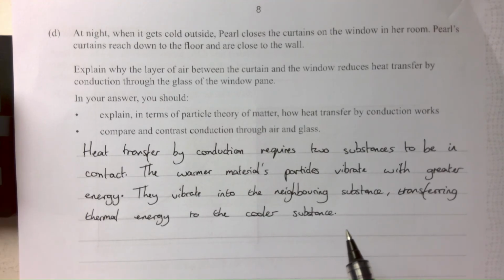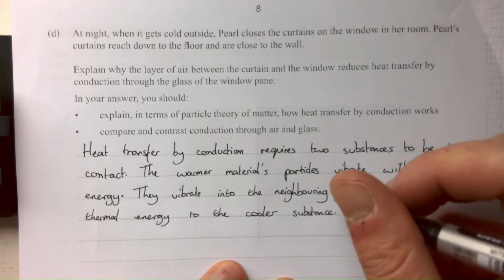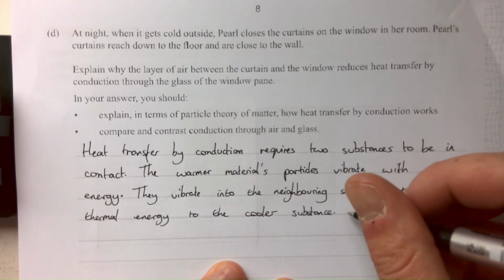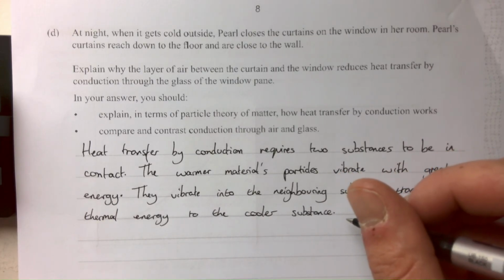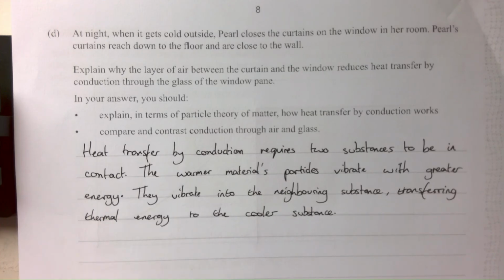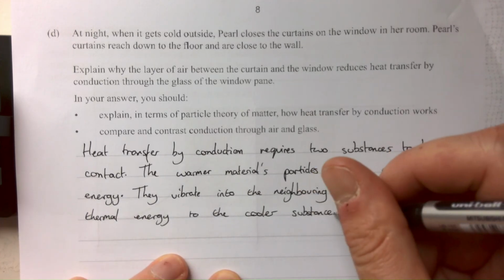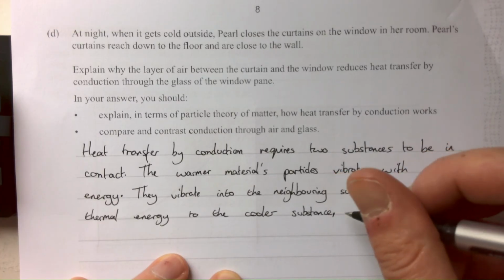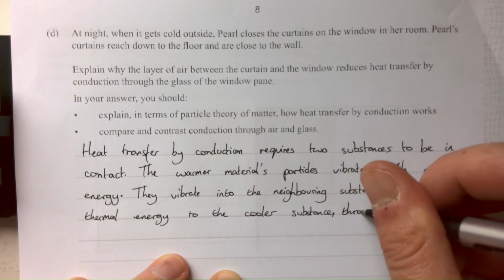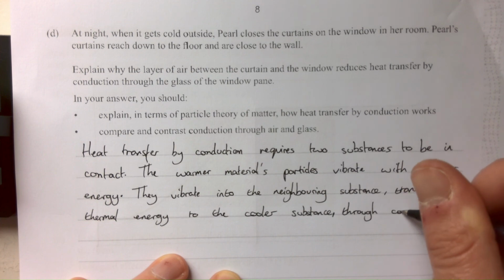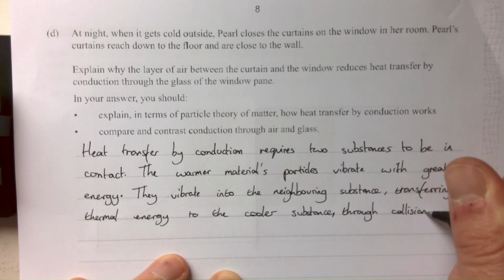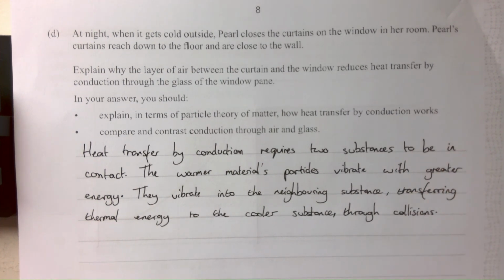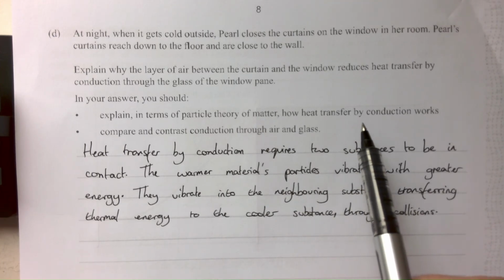So they vibrate into the neighbouring substance, transferring thermal energy to the other substance through collisions, so literally bumping into each other. So now we've explained how heat transfer by conduction works.